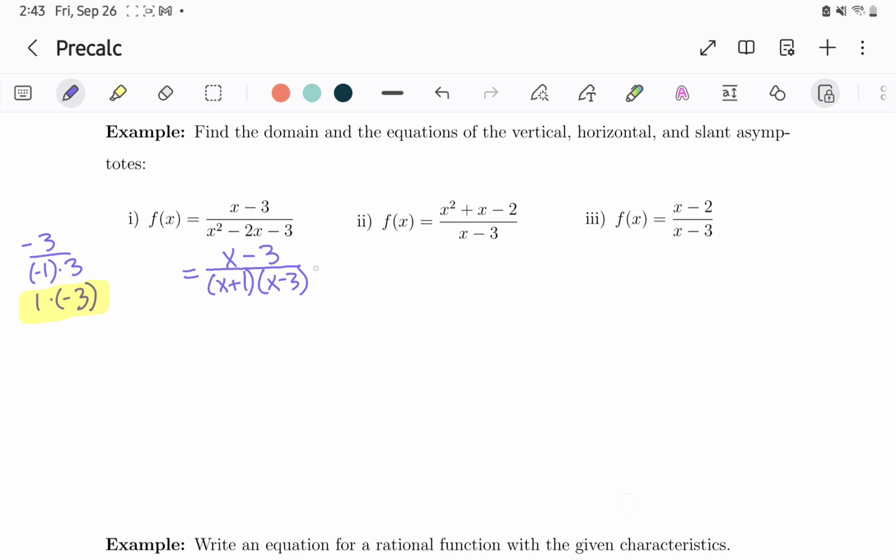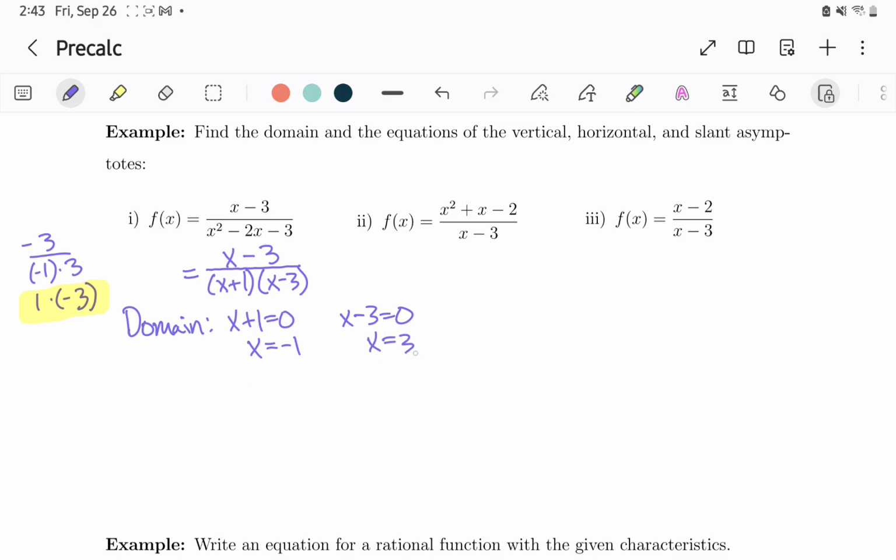Okay. And so for the domain, we would want to set each of these factors equal to 0 and solve for x. So let's do that. x plus 1 equals 0, and then subtracting 1 from both sides is going to give us x equals negative 1. And then we look at x minus 3, set that equal to 0, add 3 to both sides, and we're going to get x equals 3.